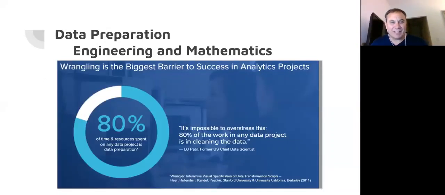All right. Some interesting things. I'm sure almost everybody knows who DJ Patil is. I don't know if he was a data scientist at LinkedIn, but he came out of LinkedIn and became a very famous data scientist, and ended up being our most important data scientist for the U.S. government.